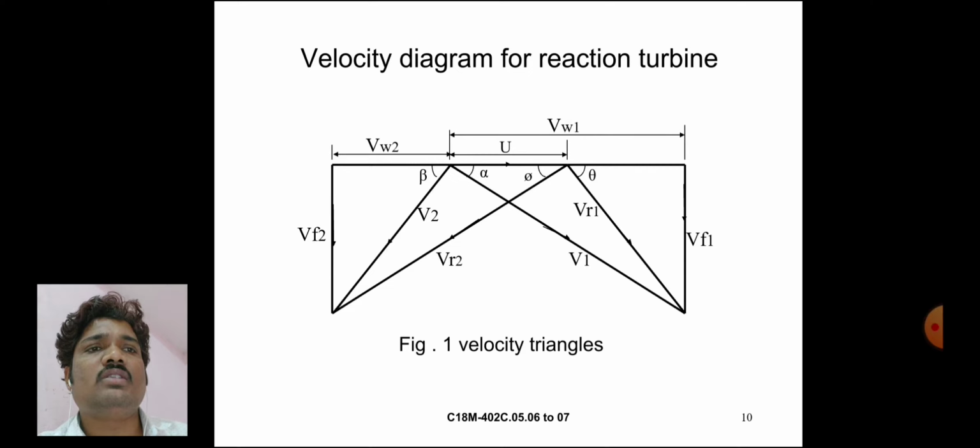V1 is the steam inlet velocity and V2 is the steam outlet velocity. VR1 is the steam inlet relative velocity and VR2 is the steam outlet relative velocity. VF1 is the steam inlet flow velocity and VF2 is the steam outlet flow velocity. These are the velocity diagrams of reaction turbines.